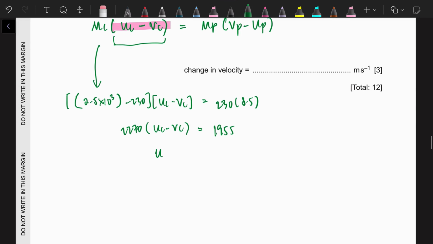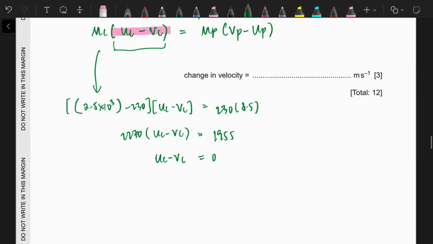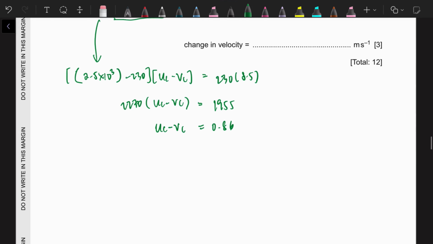Okay. As usual, do your algebra. You should get 0.86. Okay. Here is something that you have to be careful about. Change in velocity is usually final velocity minus initial velocity.